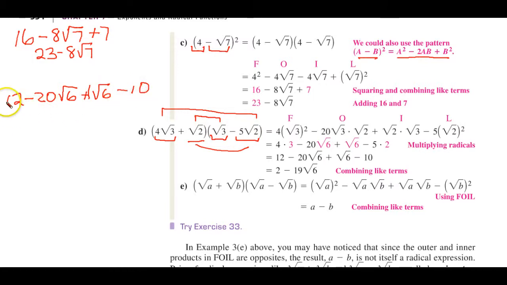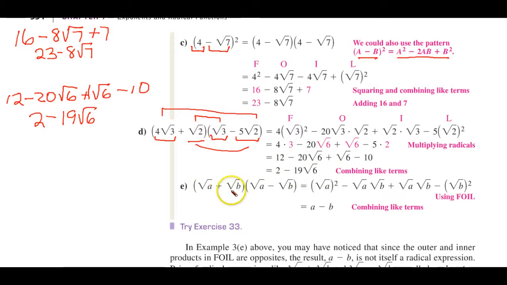So we have a 12 and a negative 10 gives us a 2. And we have a negative 20 minus 1 gives us a negative 19, the square root of 6. And 2 minus 19 square root of 6.